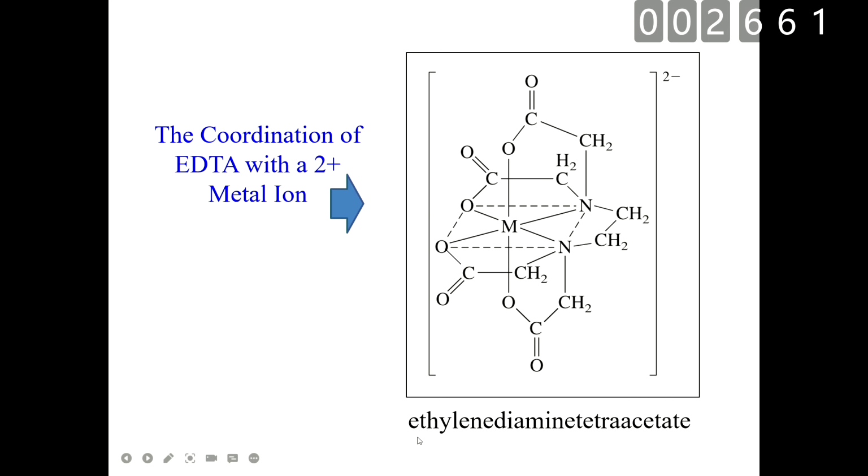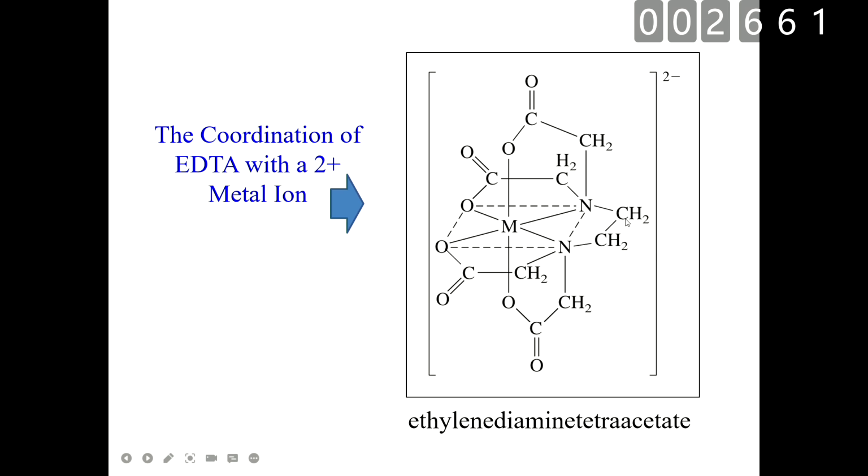So EDTA is ethylenediaminetetraacetate. Ethylene is like this part. For example, the structure of the molecule. This is the metal. Okay, this is metal, and the outside is one EDTA. It's only one EDTA. So the EDTA structure is like this. Ethylene, this is ethylene, right?